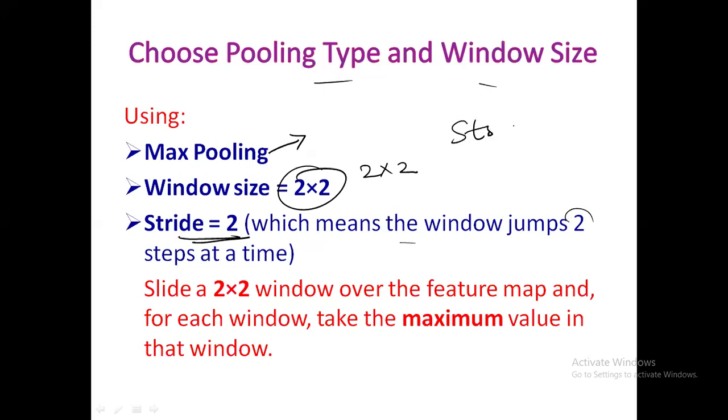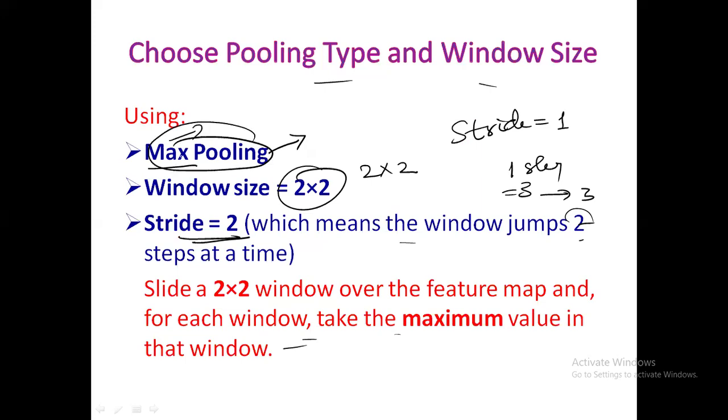Stride 1 means it will jump 1 step; stride 3 means it will jump 3 steps. So we slide the 2 cross 2 window over the feature map, and for each window take the maximum value in the window. Maximum pooling or min pooling, whichever type we have taken, accordingly we will select. 2 cross 2 will take.